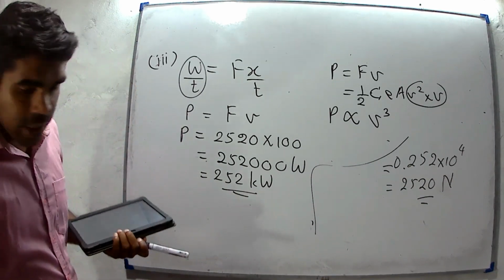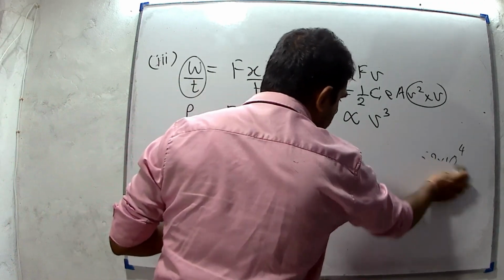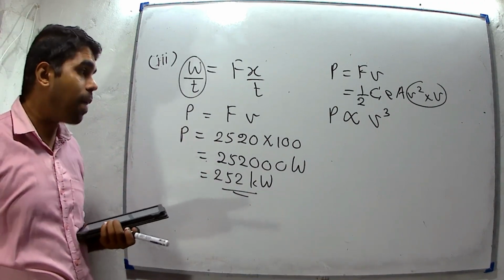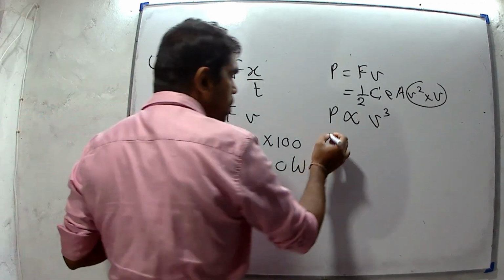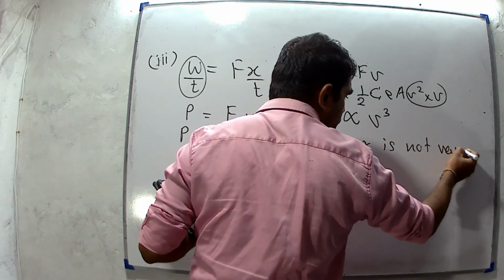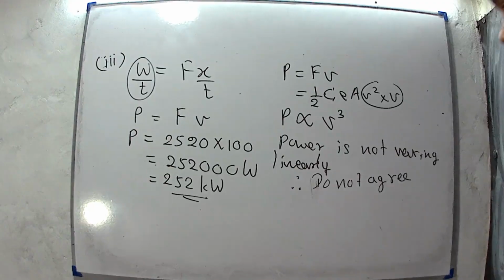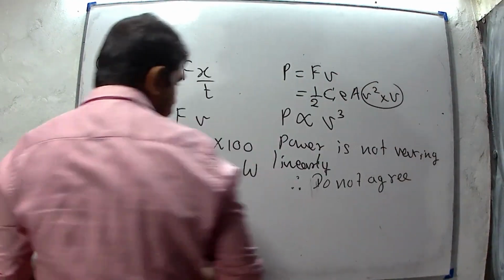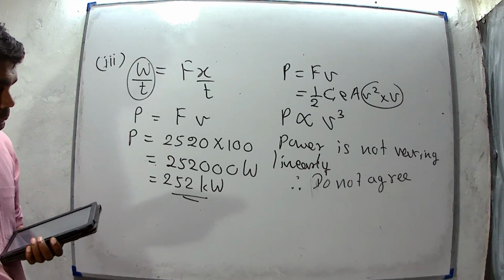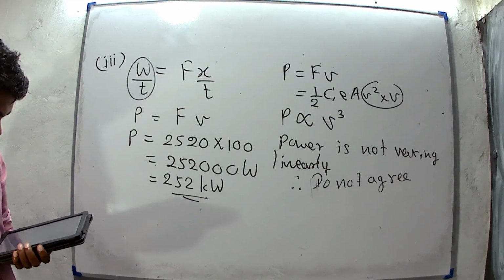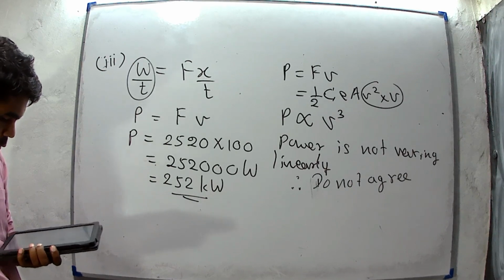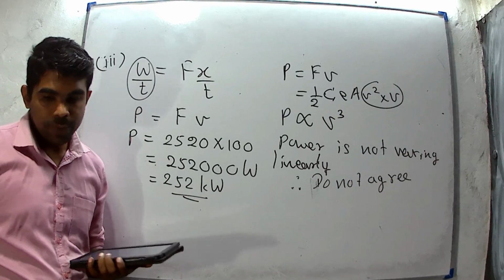Therefore, we can't say that the power of the given situation is the mean power. Now we can write power is not varying linearly, therefore do not agree. The given statement is not true. Argument is not true.